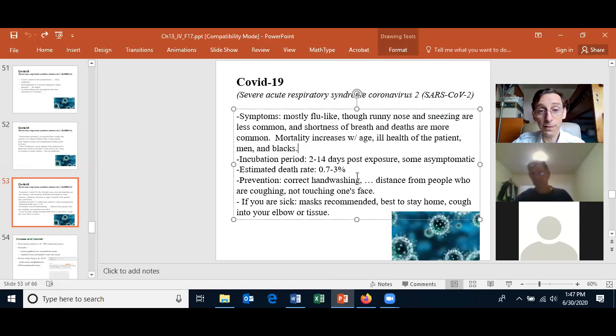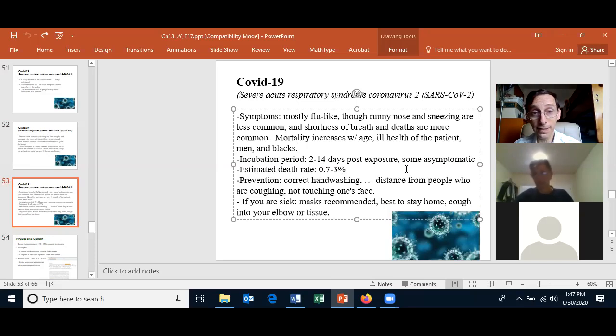The incubation period: you can have signs or symptoms 2 days after you're first infected and all the way up to 14 days after you're infected. Some patients, of course, never have signs and symptoms, so some patients are asymptomatic, and it's actually a large number of patients who become infected with COVID-19 who are asymptomatic.